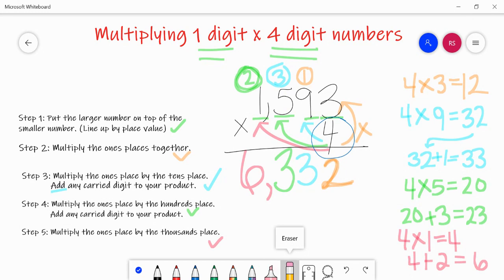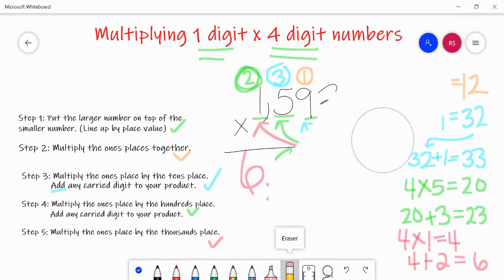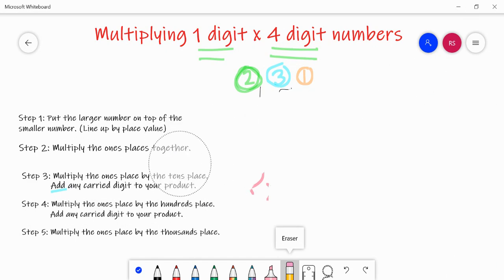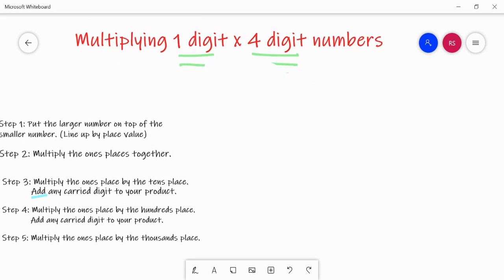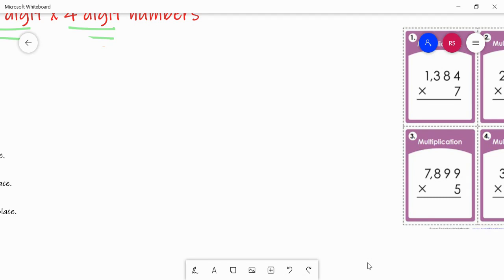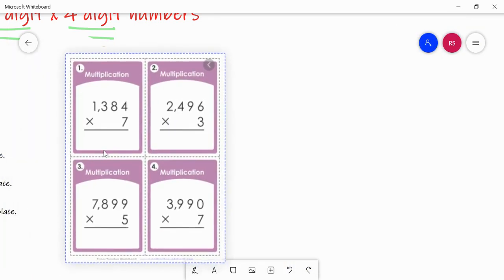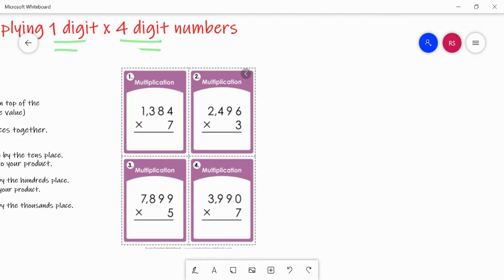So I'm going to take you over here, and we're going to take a look at some other problems. I'm going to encourage you to pause the video. And I'm going to pull over these task cards that I have hidden over here. All right, zoom out a little bit.